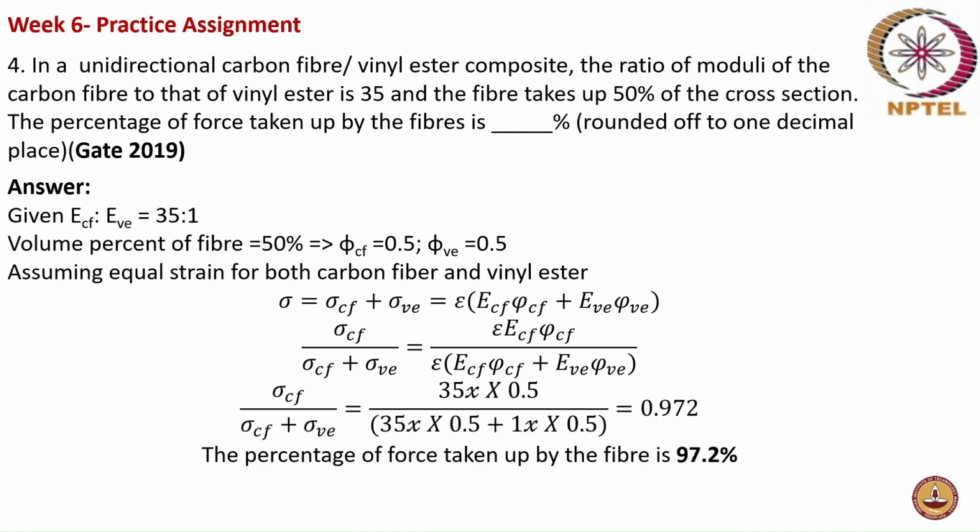The strain you do not know, so you can just take it as x. Some strain x, and then ECF is 35 into 0.5, because the ratio is 35 is to 1, so you're just assuming 35 gigapascal is to 1 gigapascal, divided by 35x into 0.5 plus 1x into 0.5.